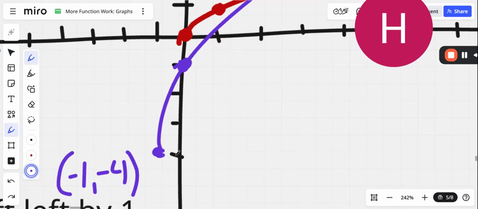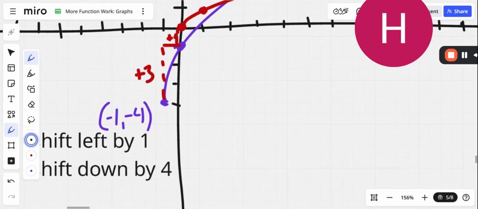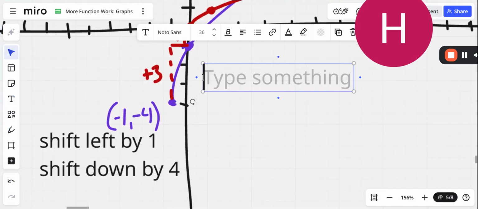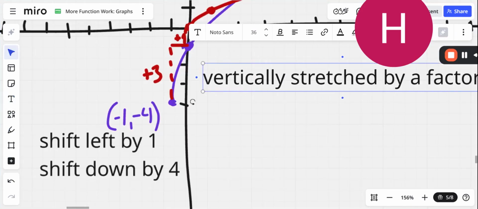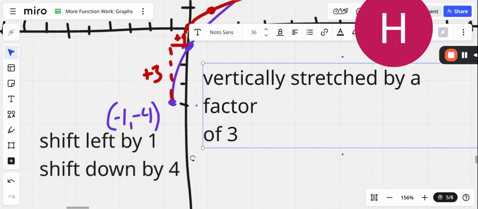So that means that we're going to have a vertical stretch by a factor of 3. So how do we put all this together? We say f of x equals 3 times the square root of x plus 1.